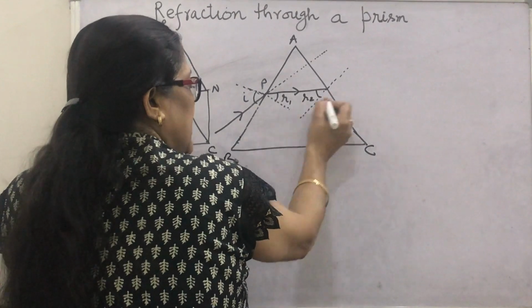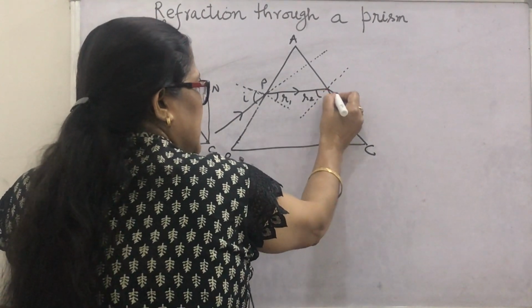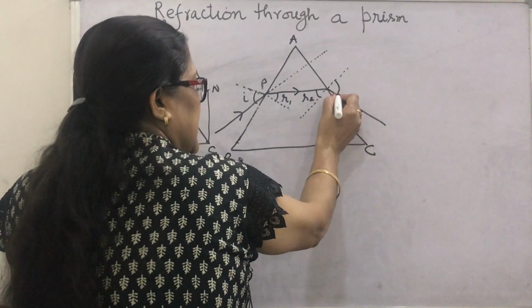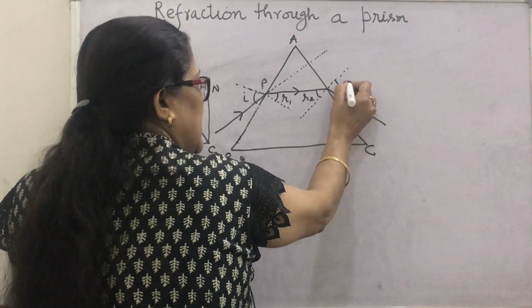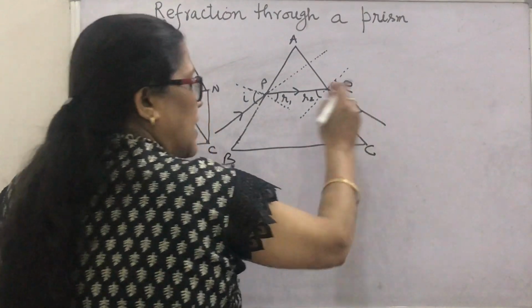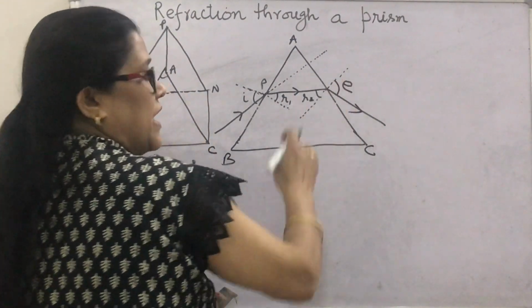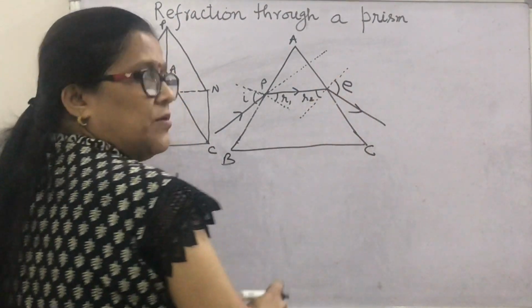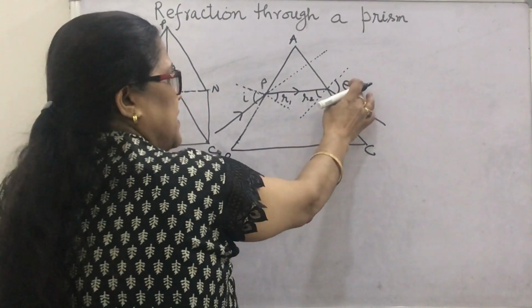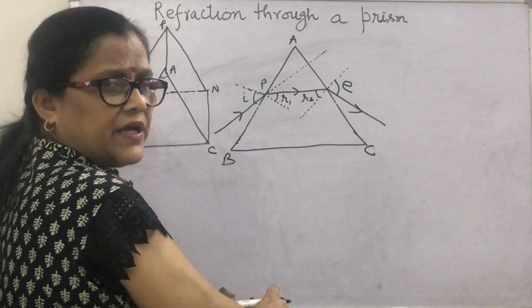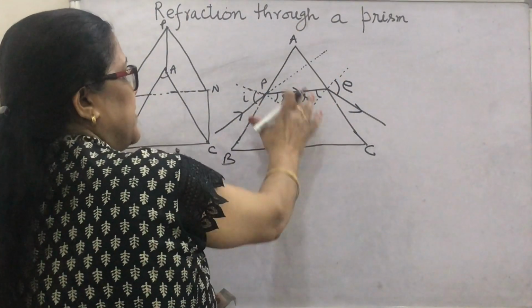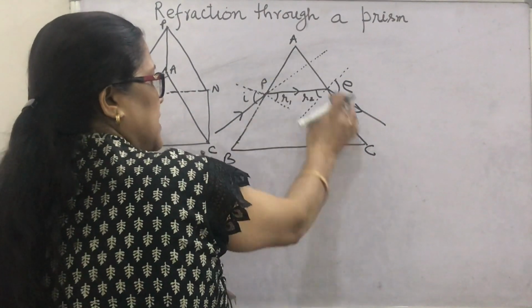Then this is the refracted ray making a certain angle from the normal. Since the ray is emerging out, it is shown by the angle of emergence, called E. So this symbol E, in some books I dash is also taken. Now this is the simple refraction at surfaces AB and AC.